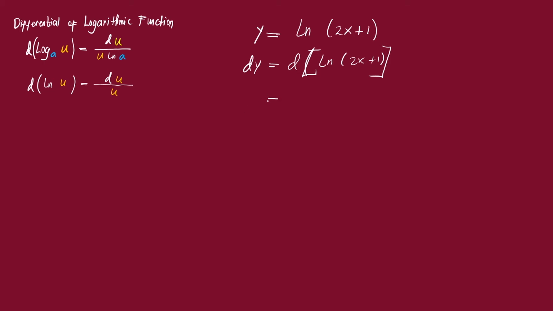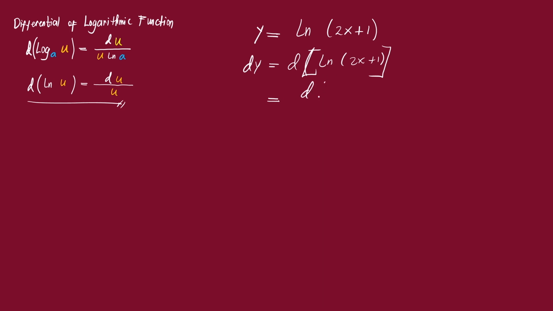Simplifying this one, applying the formula for the differential of the natural logarithm of 2x plus 1, we'll use this one. The differential of ln u is equal to du over u. Take note, our u here is 2x plus 1. So we'll differentiate the u, which is 2x plus 1.